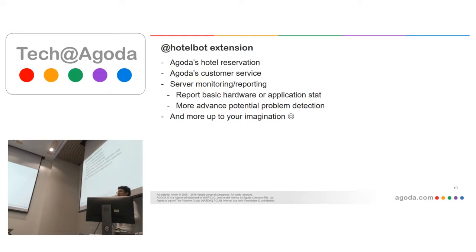We can analyze it and make the bot notify us if something in production, like the web server, has some problem. So the bot just messages me like, okay, there's going to be a problem in 10 minutes, I have to get ready. Or maybe I can prevent it, right? There are many possibilities that you can do with the bot. It's up to your imagination.